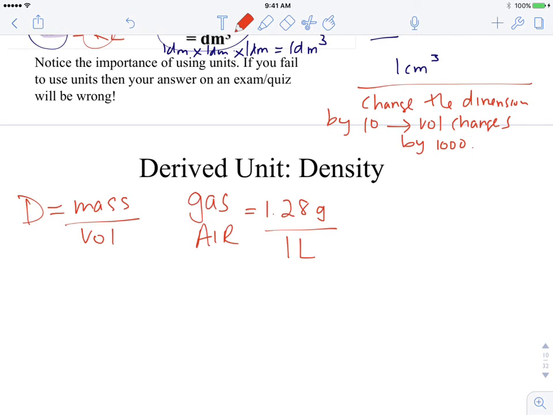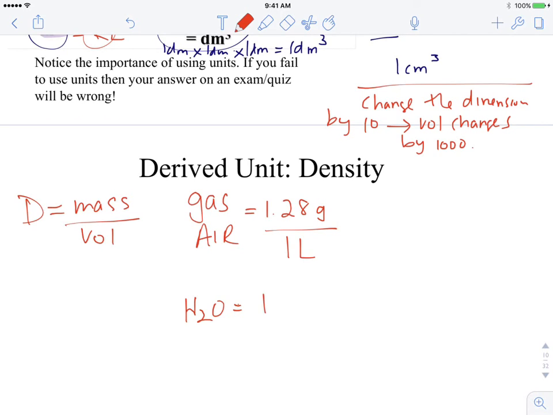So imagine a small seltzer bottle. That's about 1 liter. Inside there, if I were to fill it with air, it would be 1.28 grams. It would basically be very, very light because there wouldn't be a lot of air in there. Take, for example, if I were to do water.